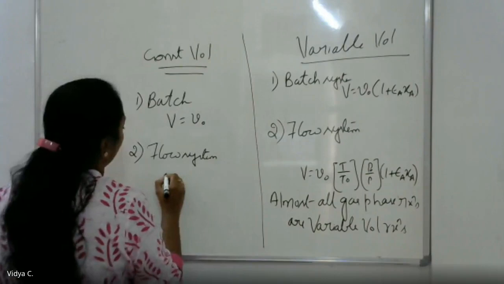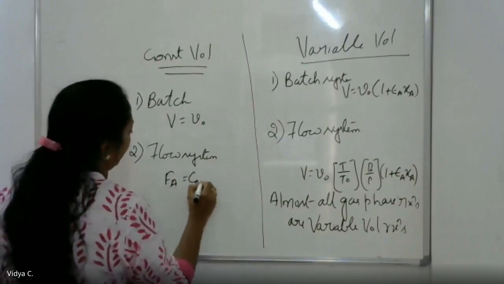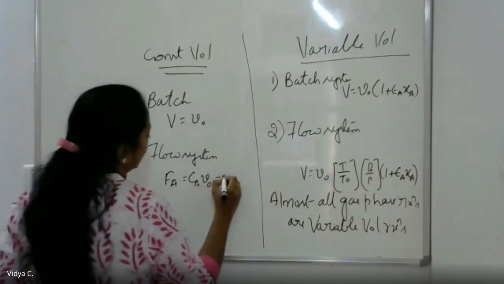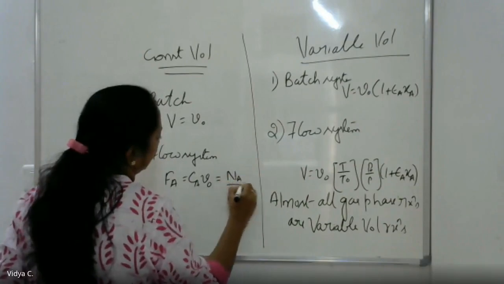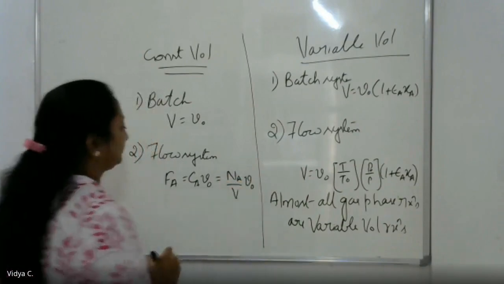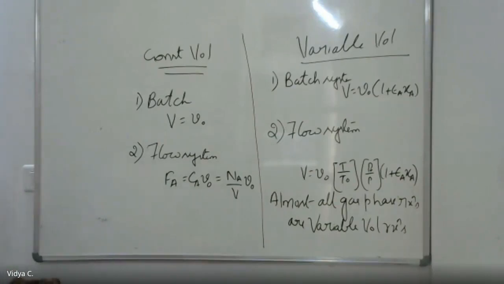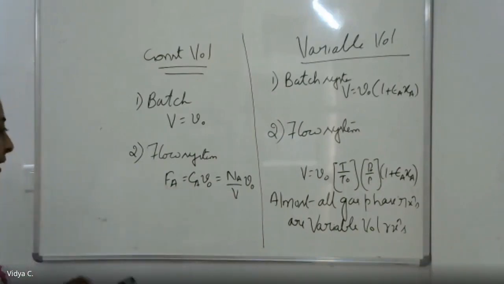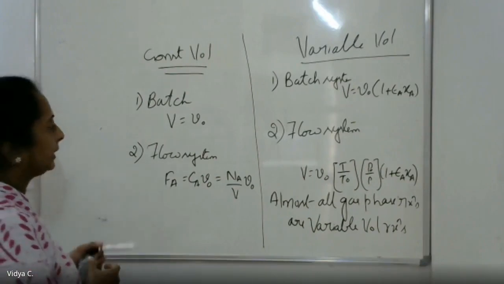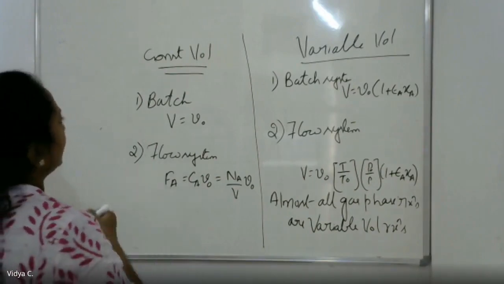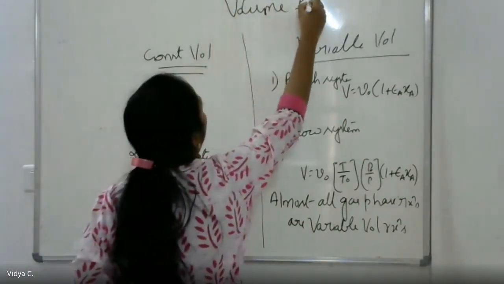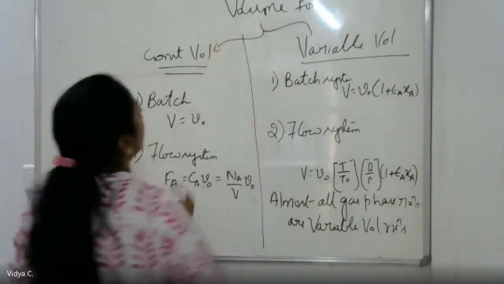Here FA is equal to CA into V naught, where CA is NA by V. So these are the formulas we have. For flow systems, we will come across this FA, which is equal to CA into V naught. Okay? Yes. This is a summary. This is volume for a variable volume system and constant volume system.